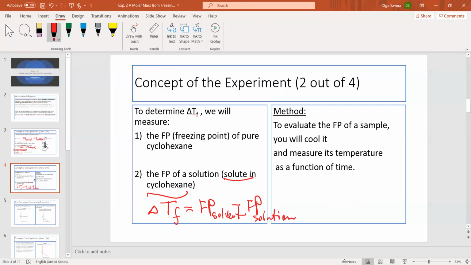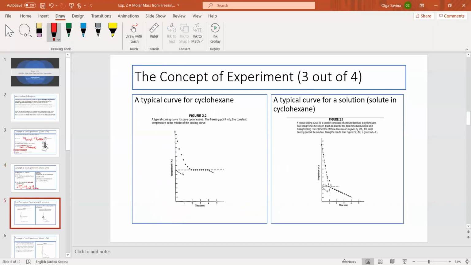Method. To evaluate the freezing point of a sample, you will cool it and measure its temperature as a function of time. So let's observe these two curves. On the left side, it's a typical curve for cyclohexane. The freezing point is Tf, the constant temperature in the middle of the cooling curve.